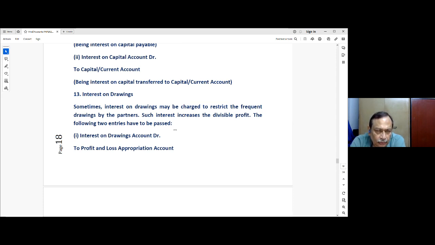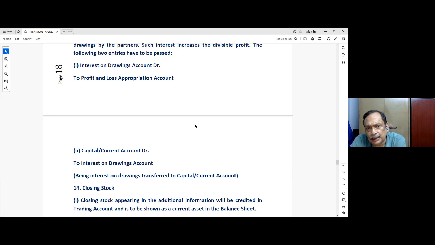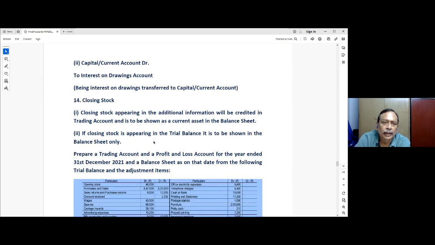The following two entries have to be passed. Interest on drawings account debit to profit and loss appropriation account, and capital or current account debit to interest on drawings account. And the narration will be being interest on drawings transferred to capital or current account.